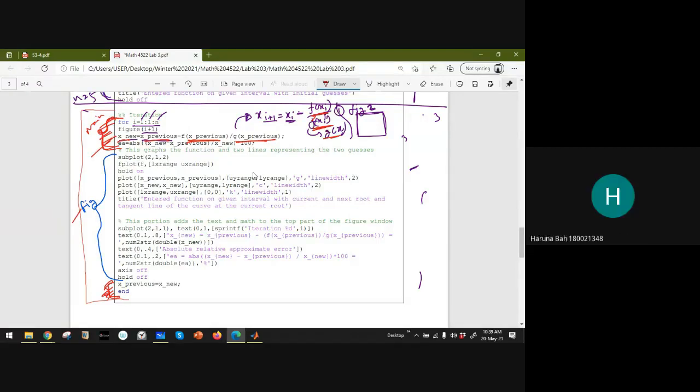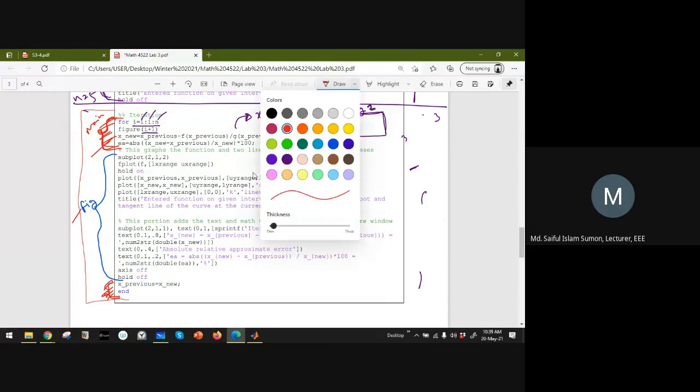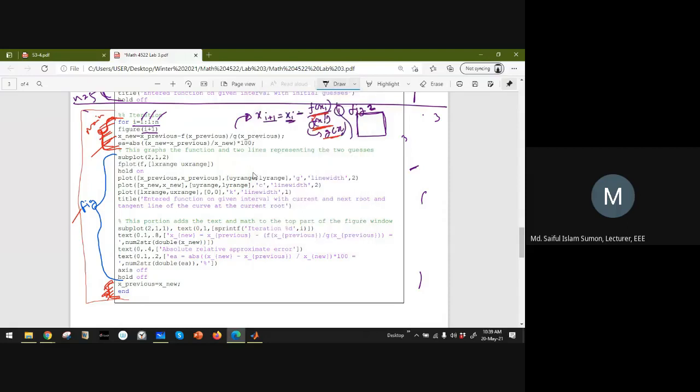Yes, sir. After this, the next line is actually one unnecessary line, but it will give me one value with the help of which I can check how much error I have in the solution that I have obtained. That line is this one. You can see that equation has been written.